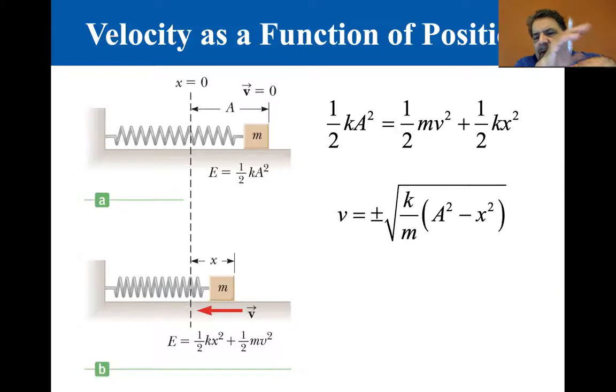If you know what the spring potential energy is by knowing the x, you've got the velocity, and that's the idea. You can determine the velocity knowing that the A is not going to change. That's your maximum amplitude. You can use the x to determine the current velocity. All right.